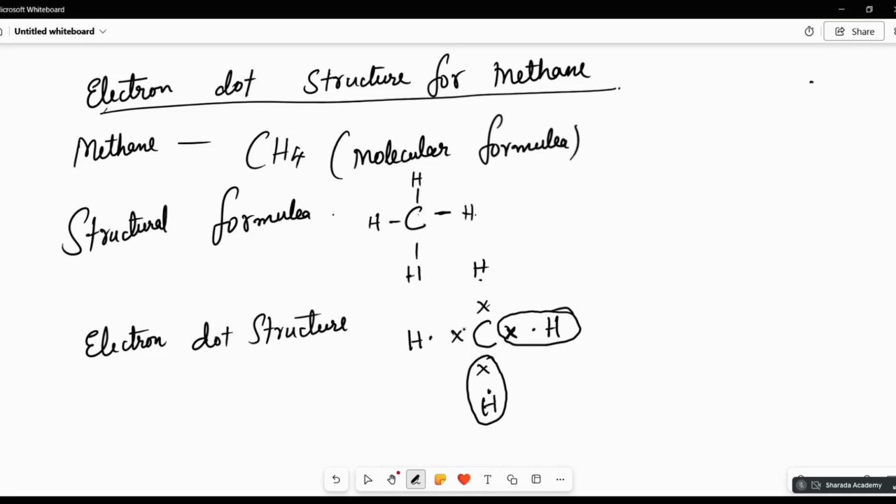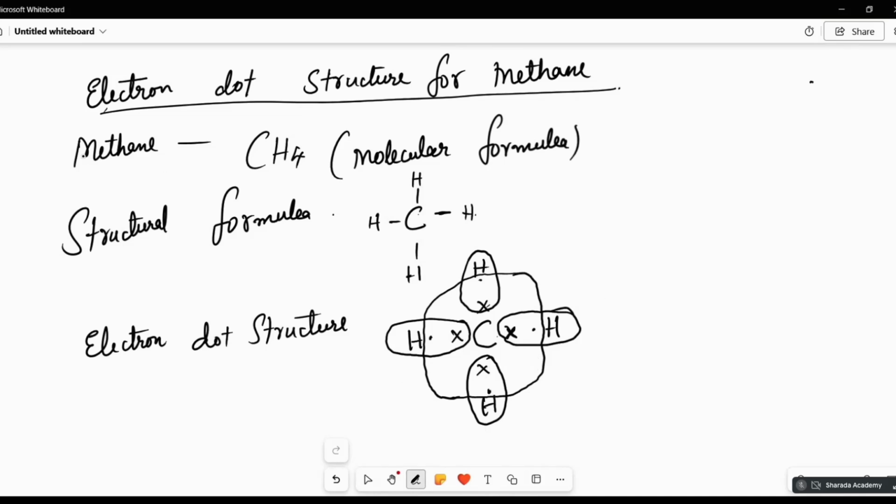For the carbon, 2, 4, 6, 8. 8 electrons for this carbon. So this structure we call the electron dot structure.